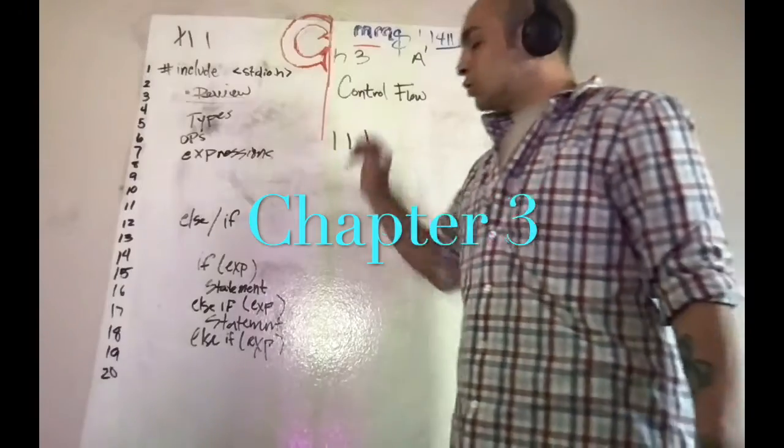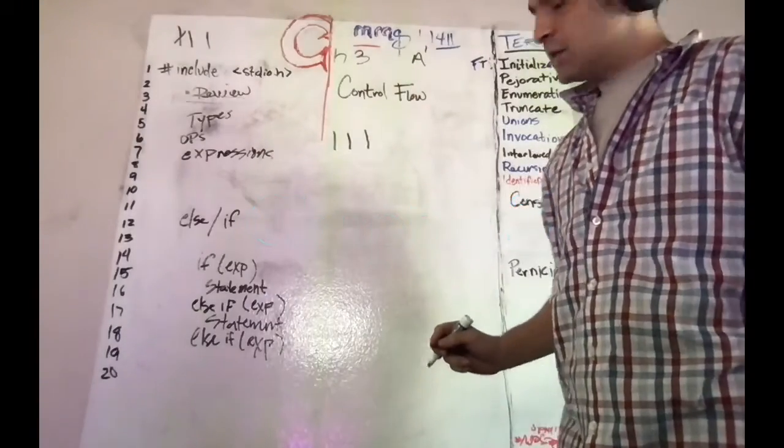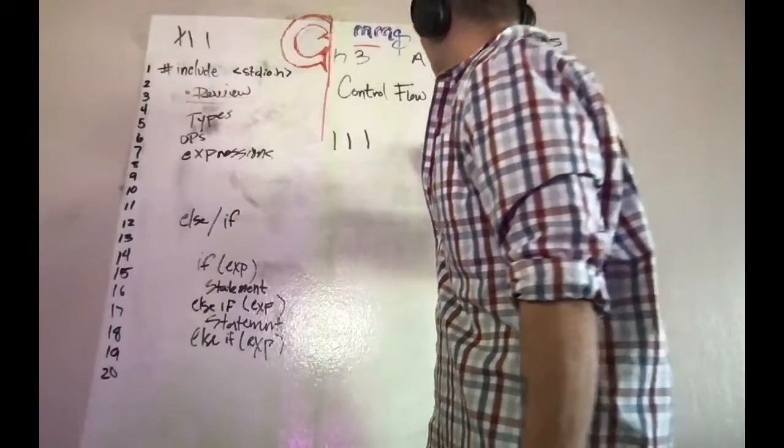Chapter 3, control flow. Statements are ended with semicolons.